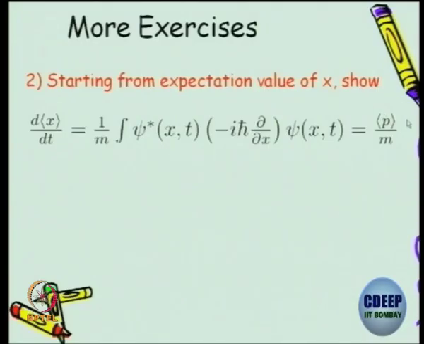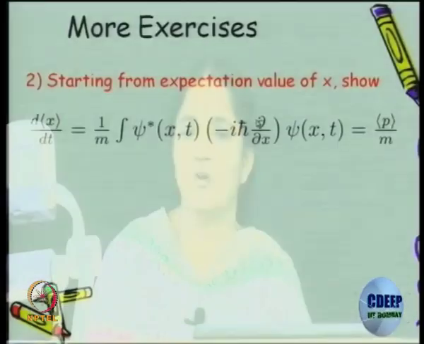Expectation of velocity. Please derive this. Okay, so this is an exercise. Expectation value of velocity is rate of change of expectation value of position. Classical mechanics, you did not have expectation value, but you would have done d by dt of x to give you v. Okay. If you want to match with classical laws, it's the expectation value which satisfies the classical laws. Quantum ideas, momentum is minus i h cross del by del x.